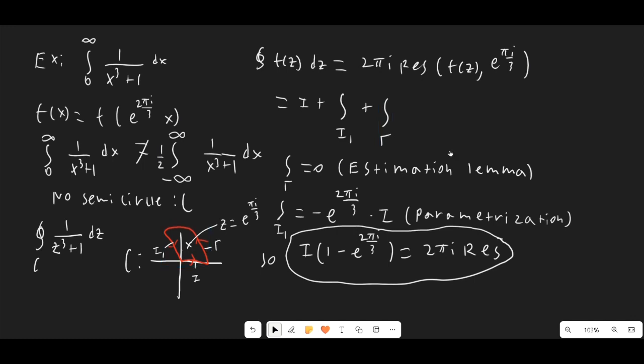And using the methods that I taught you in the last video, you can show that the integral over gamma goes to 0 using the estimation lemma. You can show that the integral I1 turns into negative e to the 2 pi i over 3 times I using parameterization. And so this means that I times 1 minus e to the 2 pi i over 3 equals 2 pi i times the residue at this point, right? And so then all you have to do is some simple algebra and analysis to get to our answer of I.